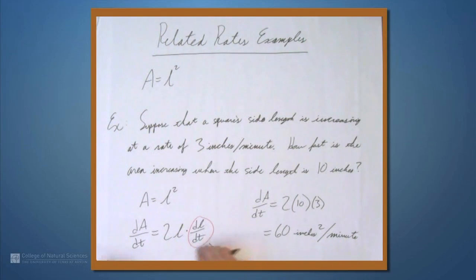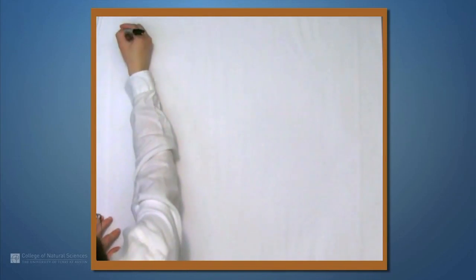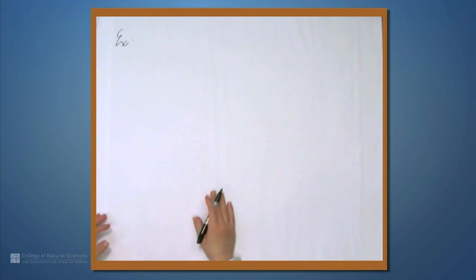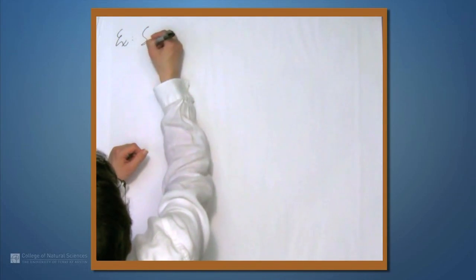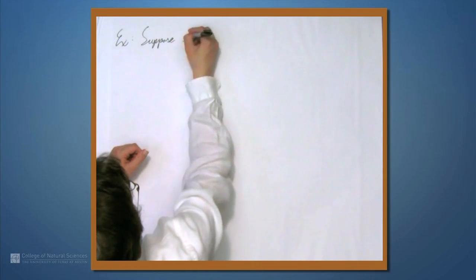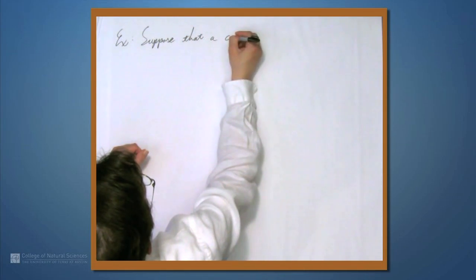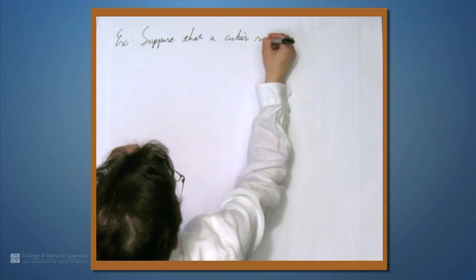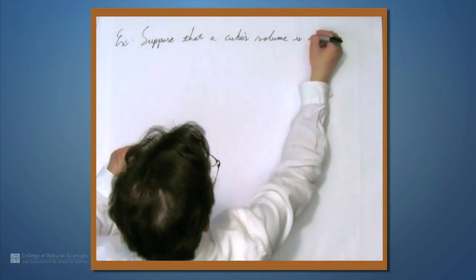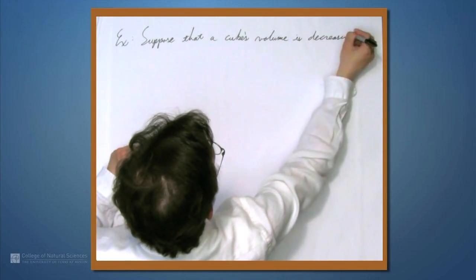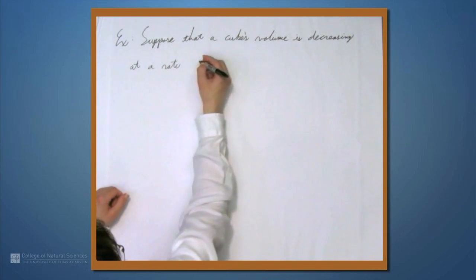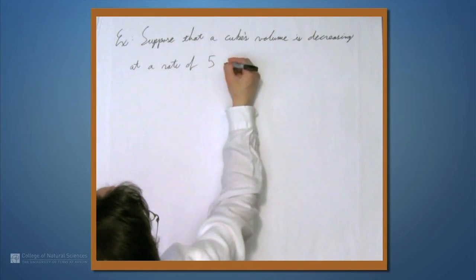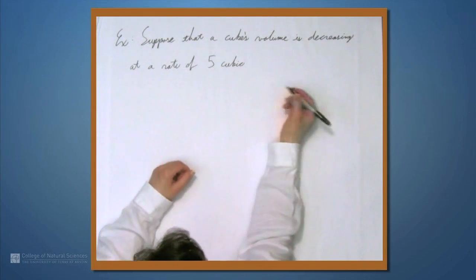Let's look at another example. So this time, let's suppose that a cube's volume is decreasing at a rate of 5 cubic feet per second.